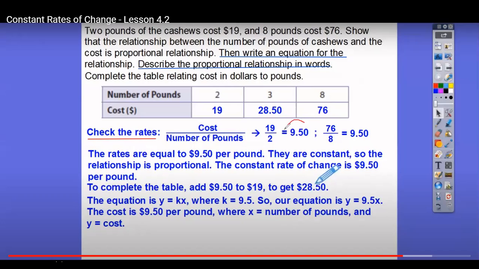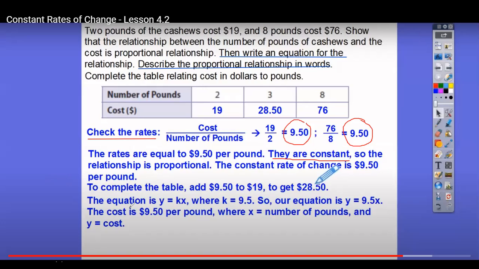The first one, the rate of change was 9.5, and the second one 9.5, which means the rates are equal, $9.5 per pound. Then they are constant, so the relationship is proportional. The constant rate of change is 9.5 per pound.